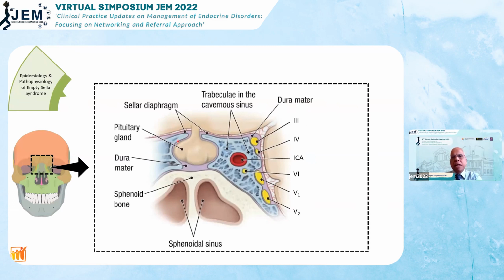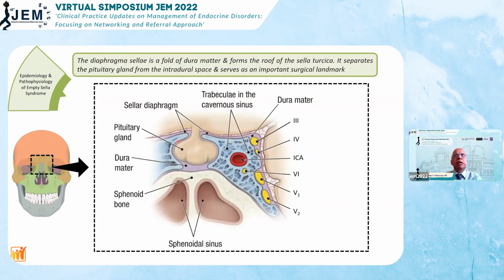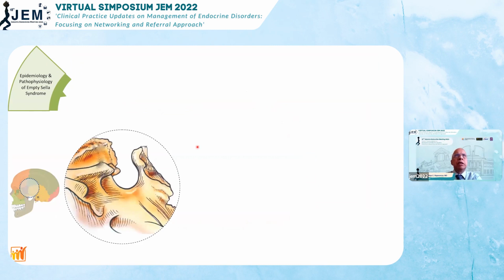diaphragm. And a defect in this diaphragm, which is a fold of dura mater, is what causes the empty sella. So if you see the empty sella, that's the anterior clinoid process. That's the sella turcica.